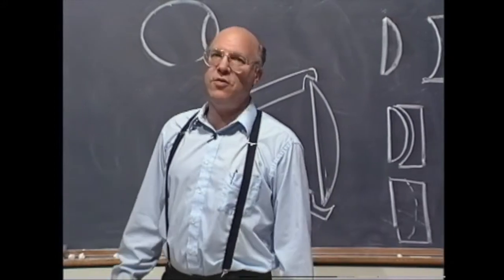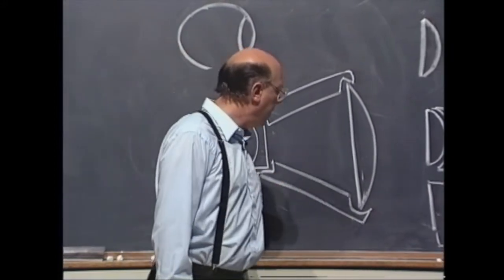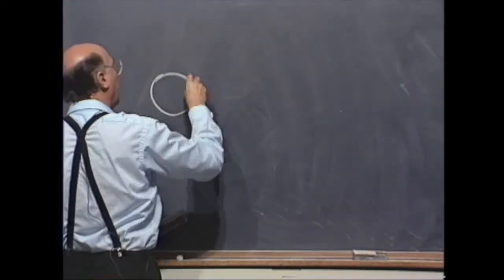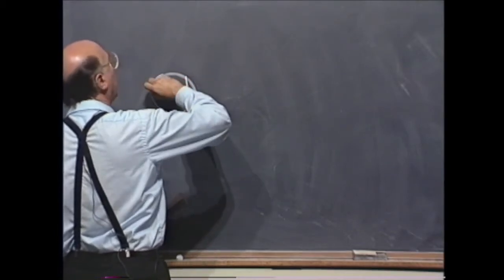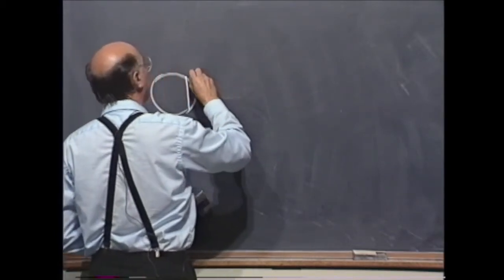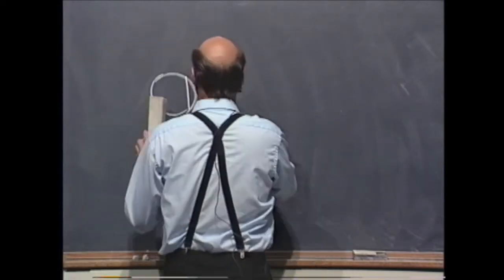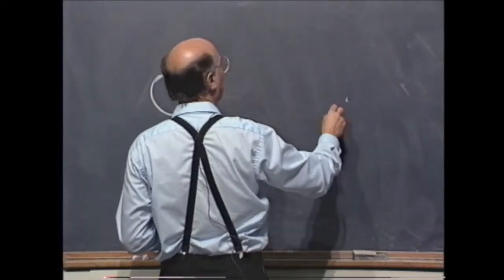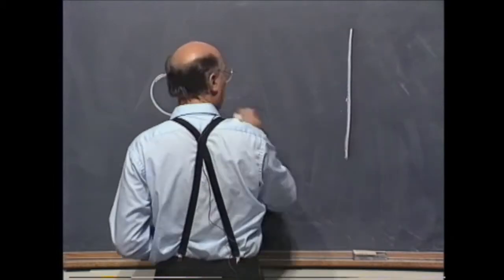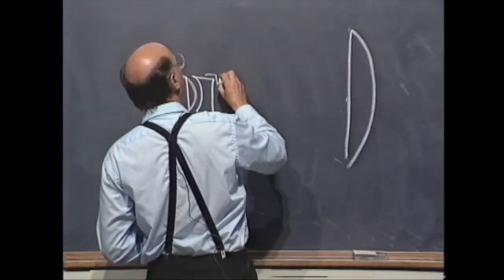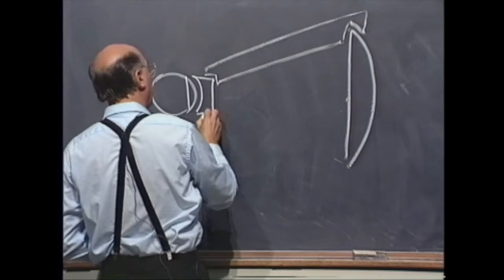I want to ask you a question. I have a telescope on the blackboard here. There's an eye, and here is a telescope it's looking through. And there's the back, and over here there's the objective lens in the telescope.